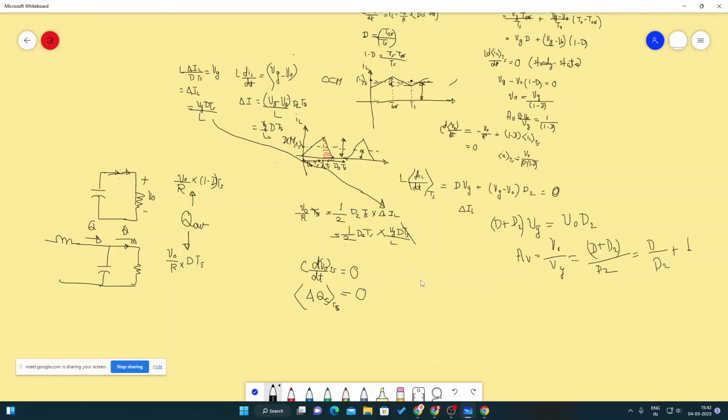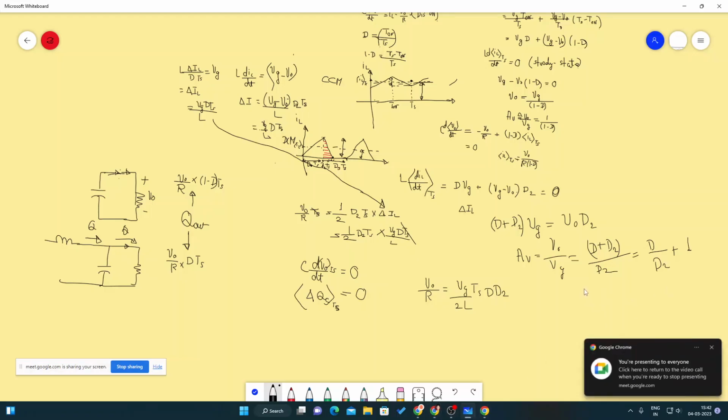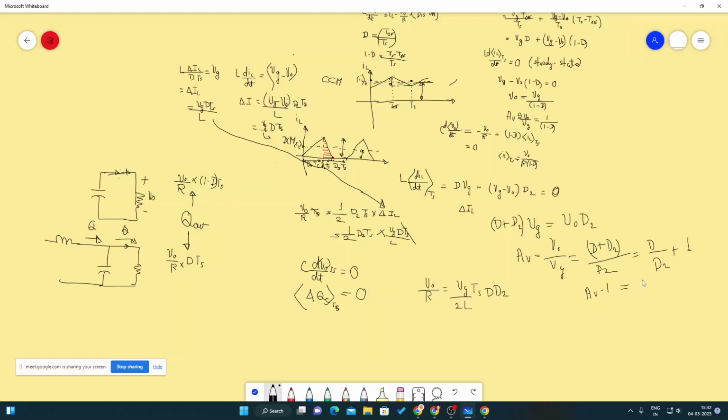Now here we have V out by R equals Vg by 2L Ts D into D2. Here it comes out to be AV minus 1 equals D by D2, or D2 comes out to be D by AV minus 1.